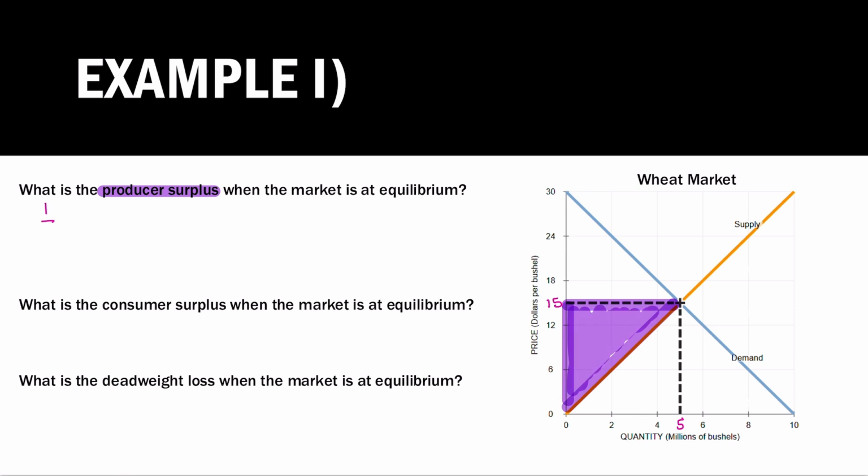So 1/2 base times height, 1/2 times 5 times 15, which gives us 1/2 times 75, which is 37.5.